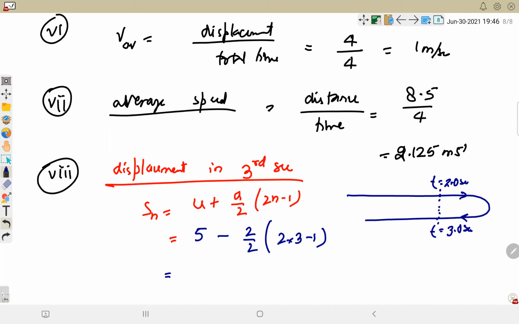That is why, since T is equal to 2.5, the displacement is 0. Displacement is 0 because it is a vector quantity.